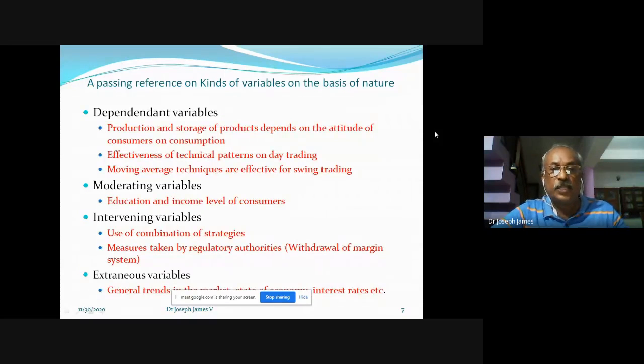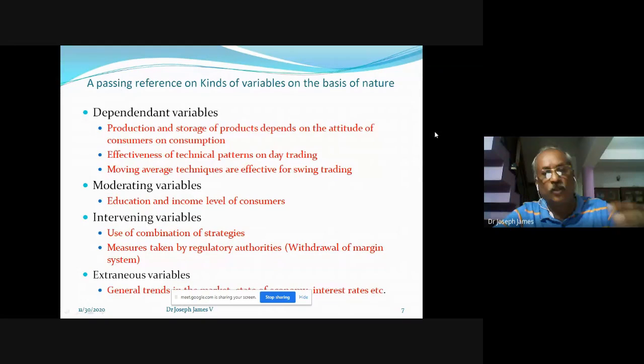So use of a combination of strategies or measures taken by regulatory authorities like SEBI, say for example withdrawal of the margin system, is a variable affecting the profitability of day trading. See, when there was a margin system, many people were active in day trading, but after withdrawal of such a margin system or imposing restrictions on it, the number of day traders has considerably reduced.